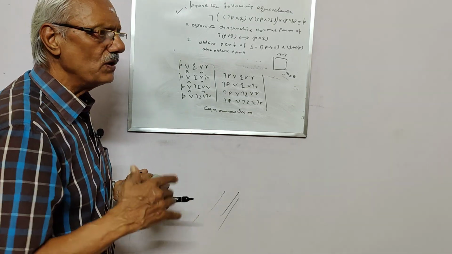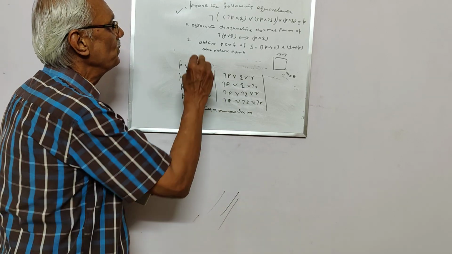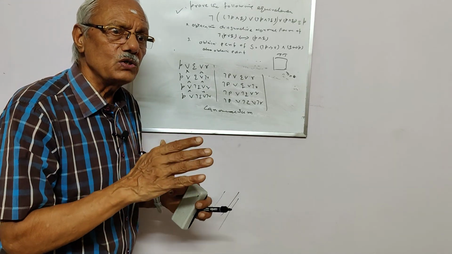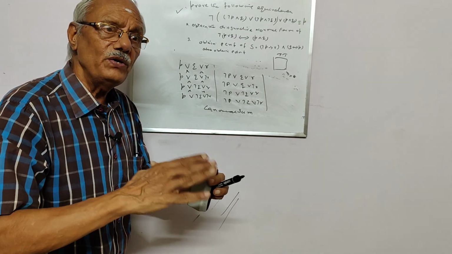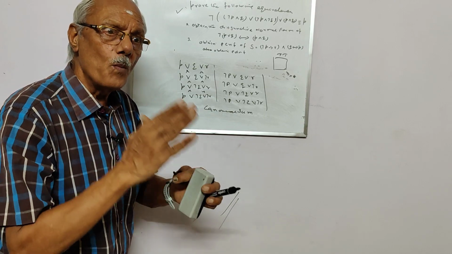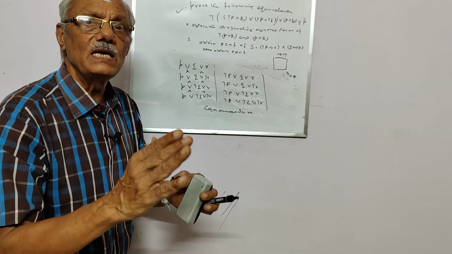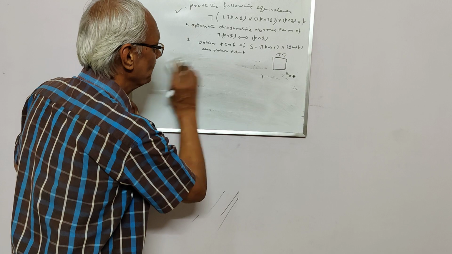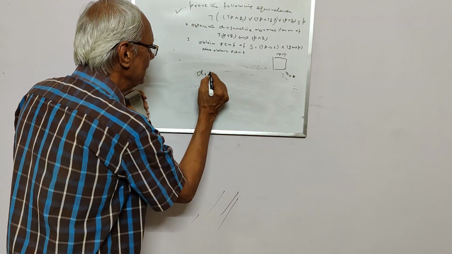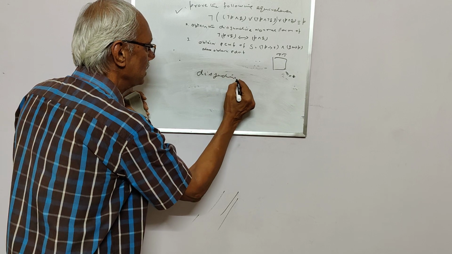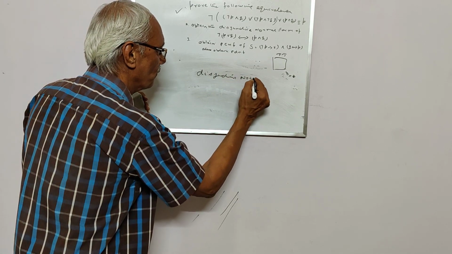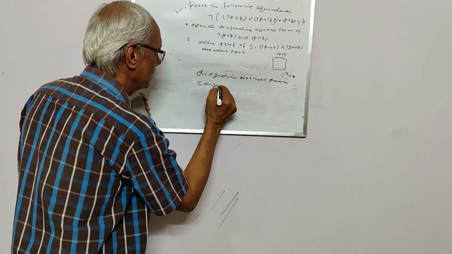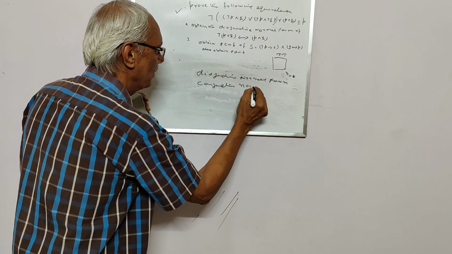What we are going to do now is that a compound proposition is given to you, and you are asked to express the given compound proposition in what we call, I will write here, the disjunctive normal form, conjunctive normal form.